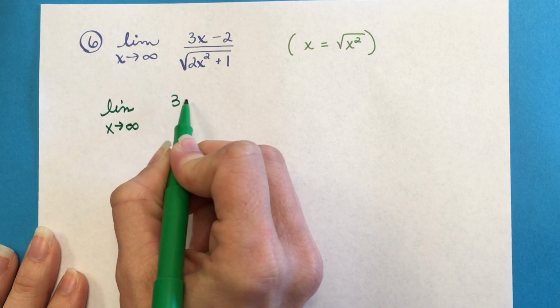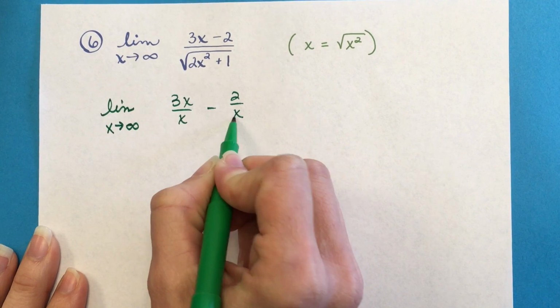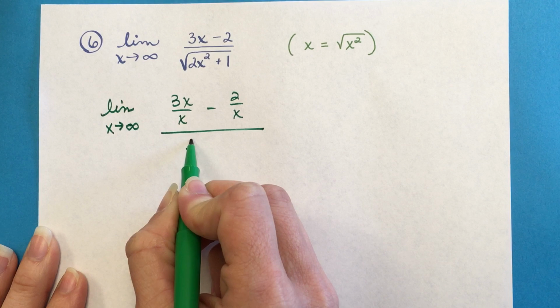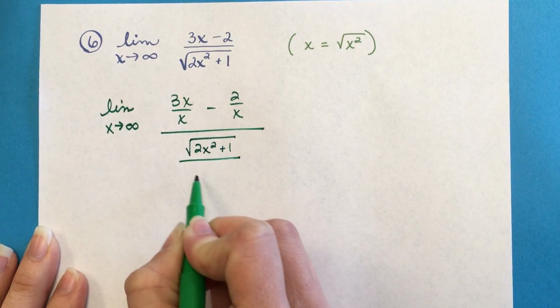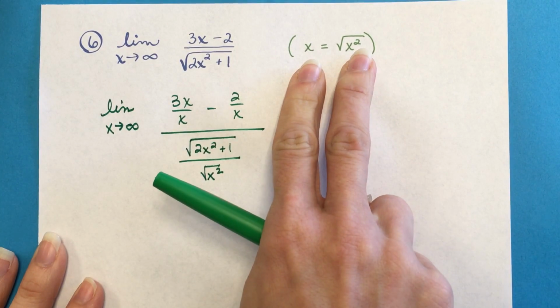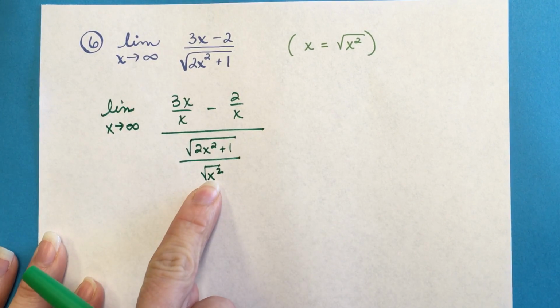So you have the 3x divided by x minus the 2 divided by x. On the bottom, you're going to divide the square root by square root x squared. Like I said, these two things are equivalent, so I'm using just the x up here and the square root x squared down here.